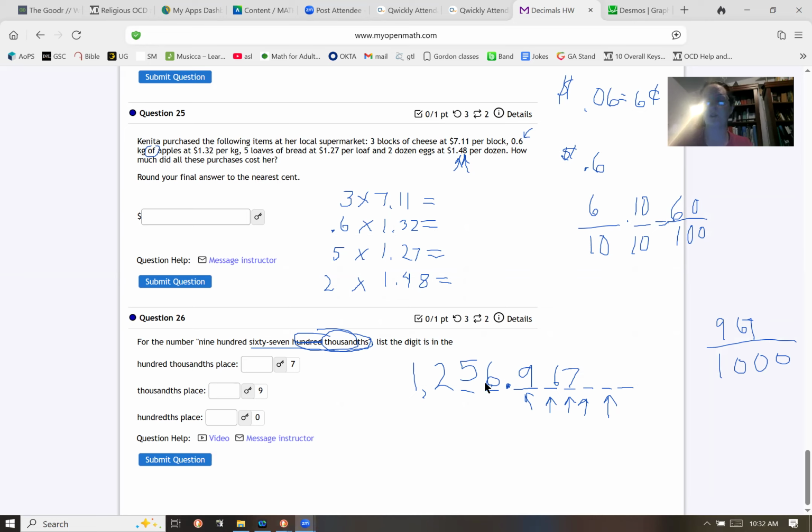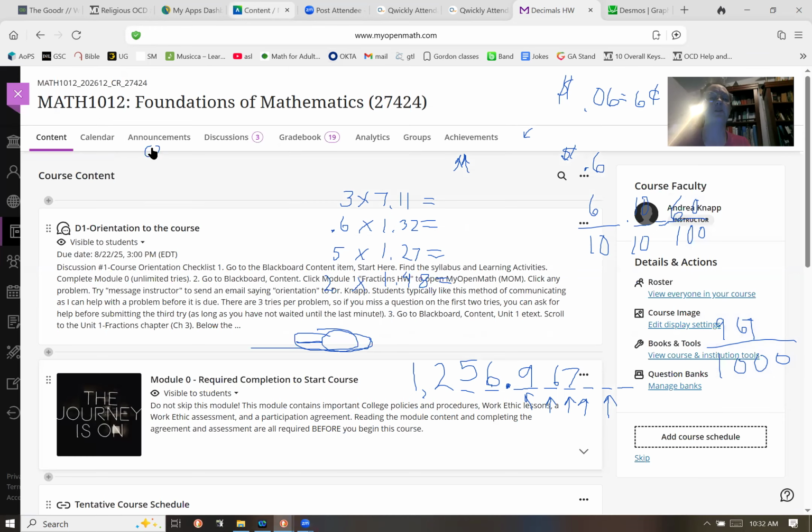I'm not sure which section you're in, which CRN number, it should be at the top of Blackboard. If you look, there's your CRN number. So I'm not sure which one yours is. So I'm just going to put them both in the chat box here.